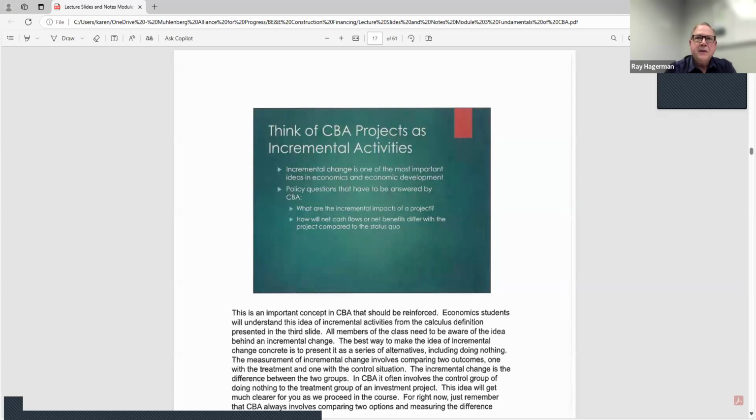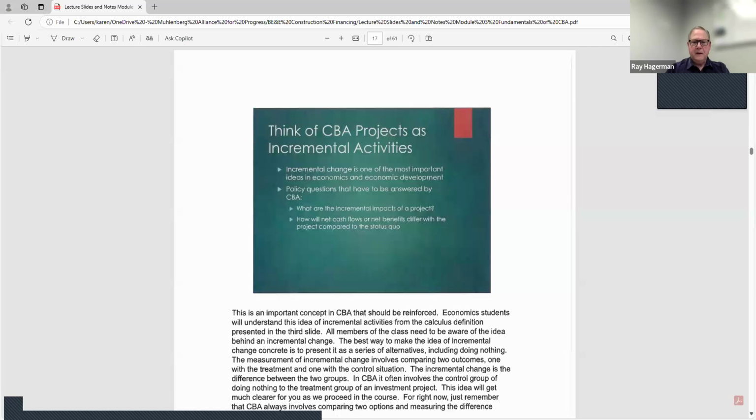Think of CBA projects always as incremental activities. So in other words, we have a status quo, we have a number of people in our community that work, a number of people that live, a number of people that are entitled to some sort of level of quiet enjoyment. And we know there's activity in the community already.